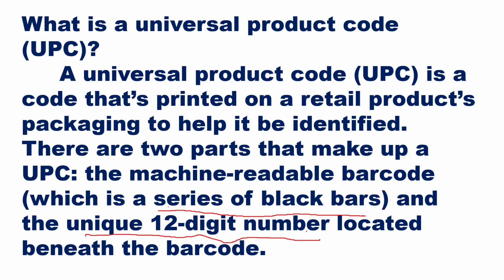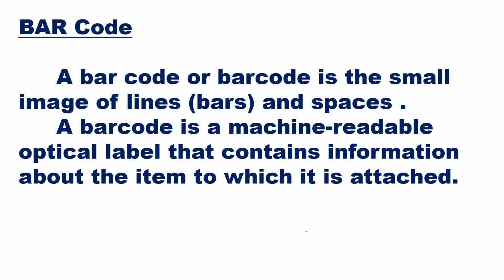So there is a barcode in a series of black bars, and there is also a 12-digit number located below it. With this we will now see basically what a barcode is.